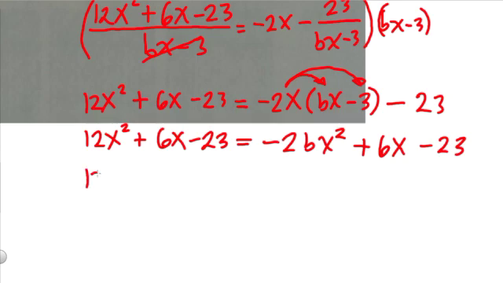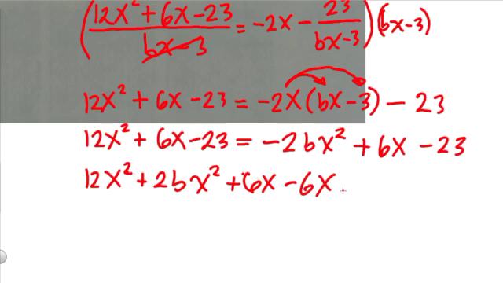So let's copy 12x squared, and here we have plus 2bx squared. Next, we have 6x minus 6x, and next negative 23 plus 23, and all of this is equal to 0, because we already transposed every term from the right side of the equal sign.